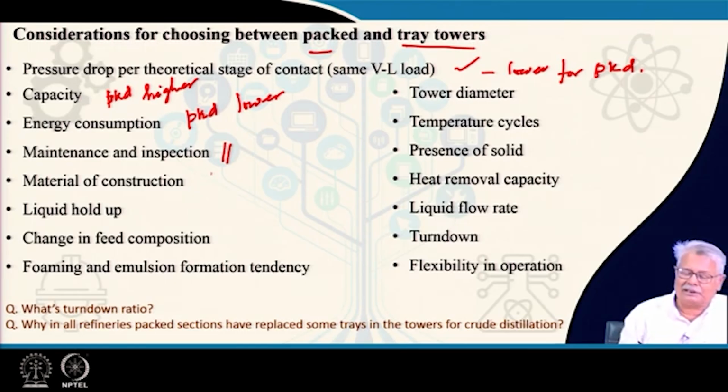Regarding the material of construction, distinctly we can say that if we are going to handle something corrosive, since your tray towers are always metal towers, it is possible for you to have only the shell be of a higher metallurgy, and you can have your packing which is fairly inert.